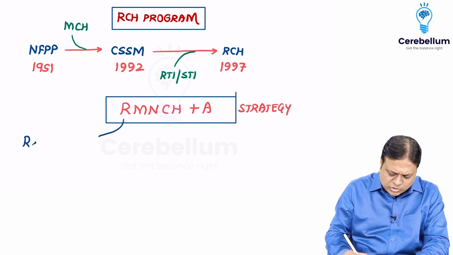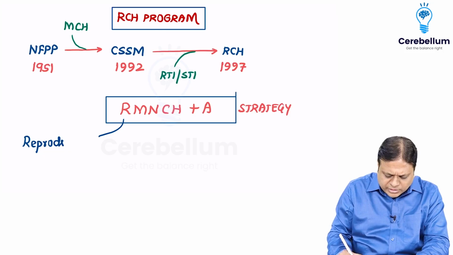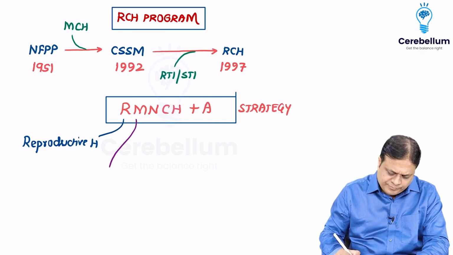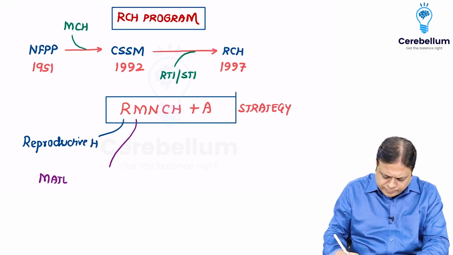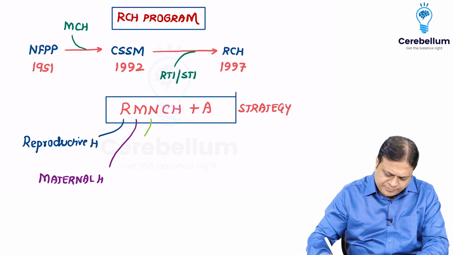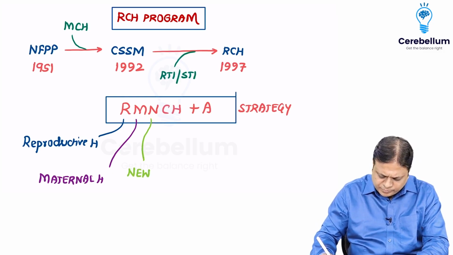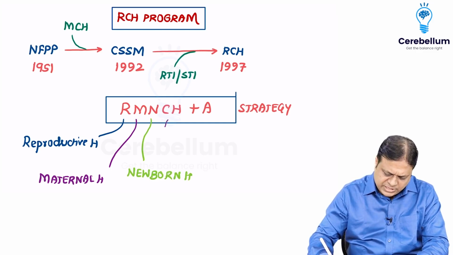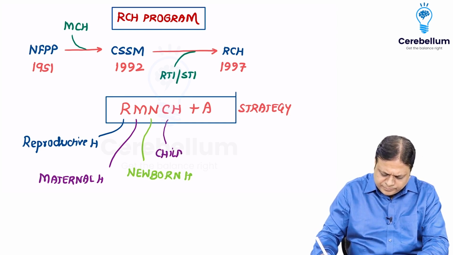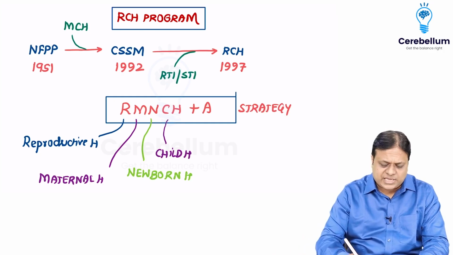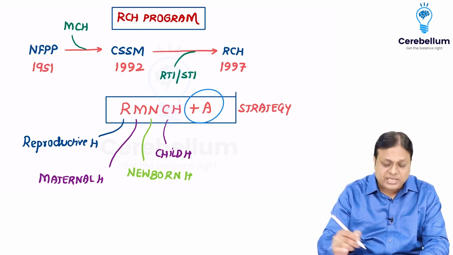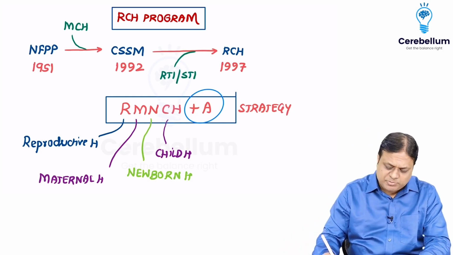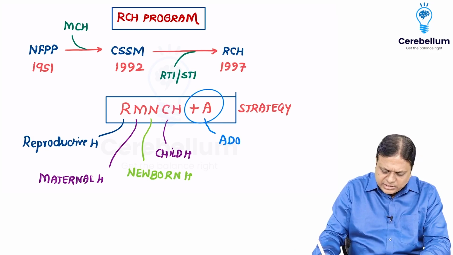So, we have a focus on reproductive health, maternal health, N is newborn health, CH is child health, and there is a separate component, plus A. Special importance has been given to adolescent health.